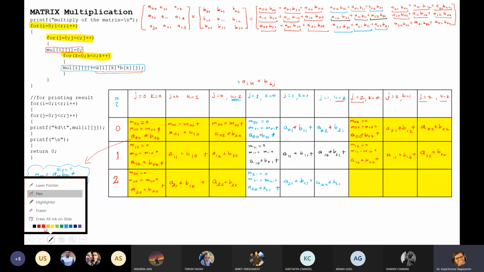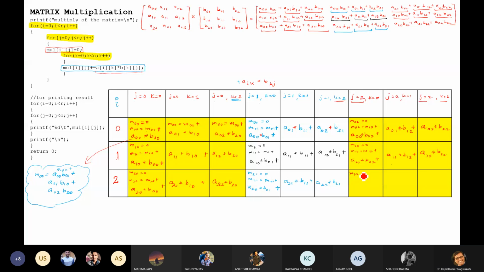So let us write the next equation. m22 equals 0, m22 equals m22 plus a, I is 2, k is 0, multiplied by b, k is 0, j is 2. So this term we have completed.